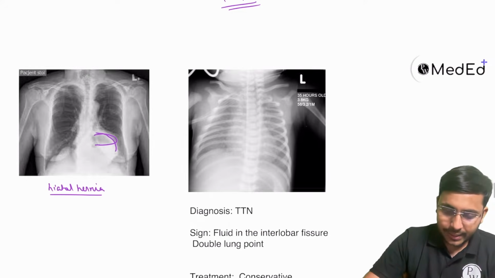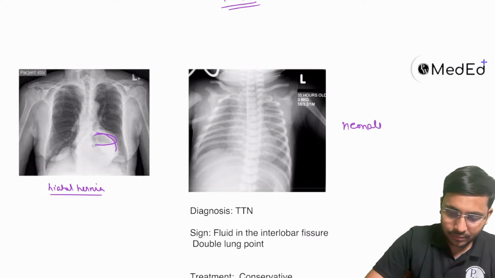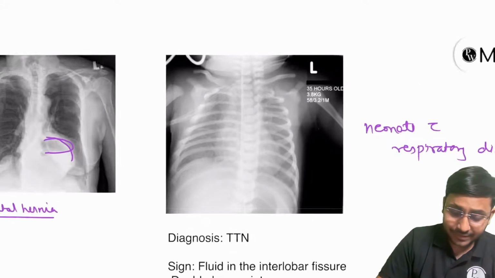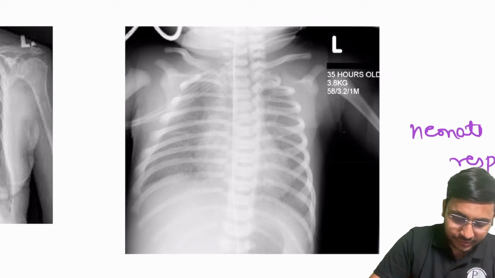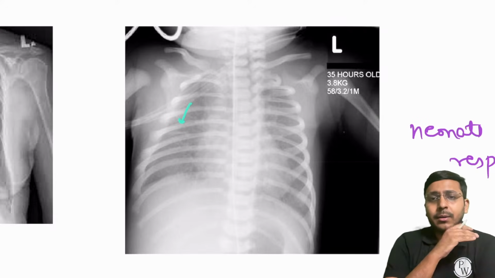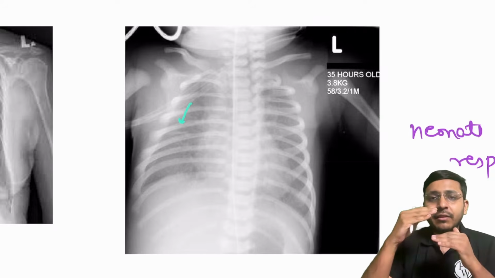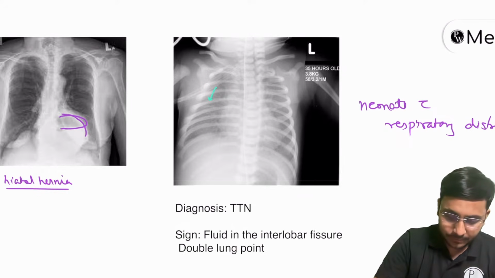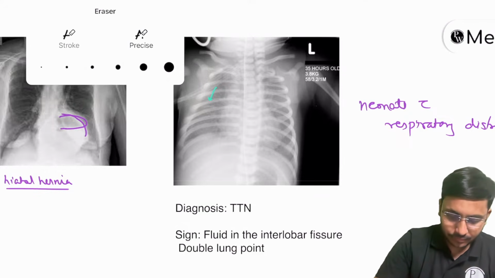And again a case of neonate with respiratory distress. But if this X-ray is given to you and you see this fluid between the fissures of the lung, this is known as interfissural fluid. Interfissural fluid in the interlobar fissures.